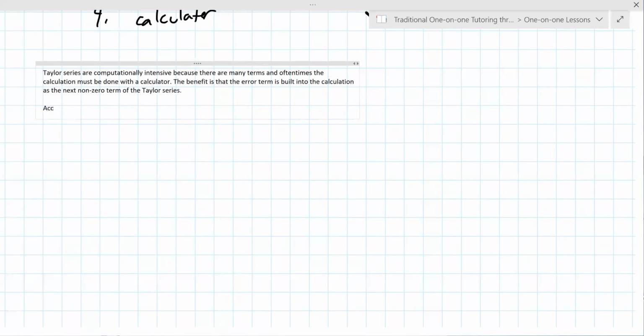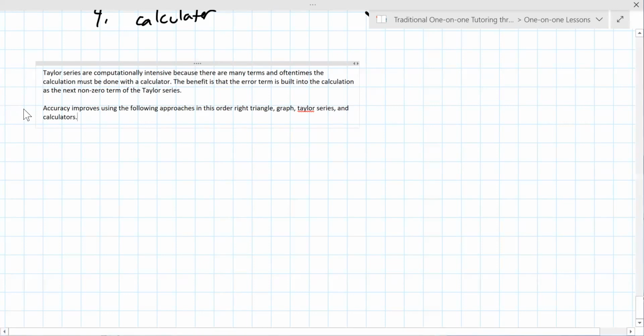We could say that accuracy improves using the following approaches in this order. We say right triangle, graph, Taylor series, calculator and calculator.